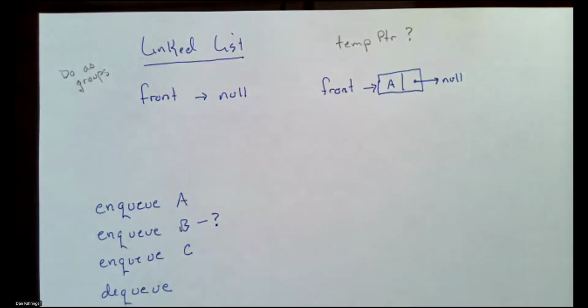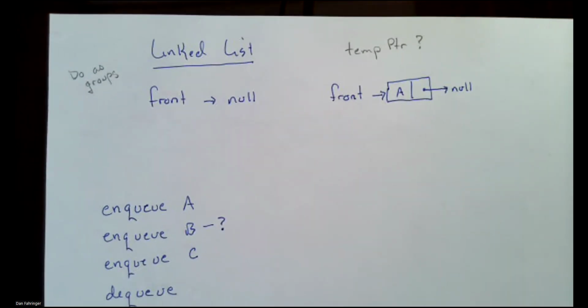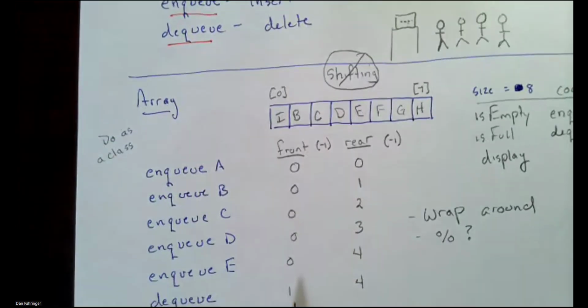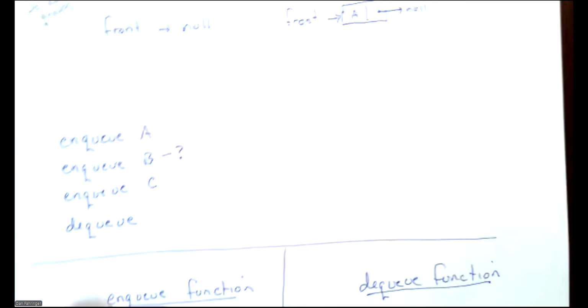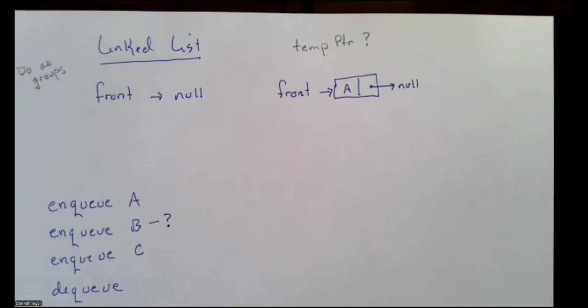Do I need a temp pointer? Do I need a front pointer? Do I need a back pointer? Because in a way, we were using the same kind of concept over here with the arrays. And we have two thoughts in play here, and maybe they're both right.